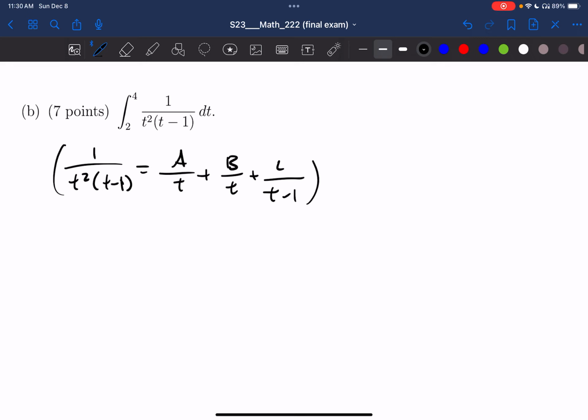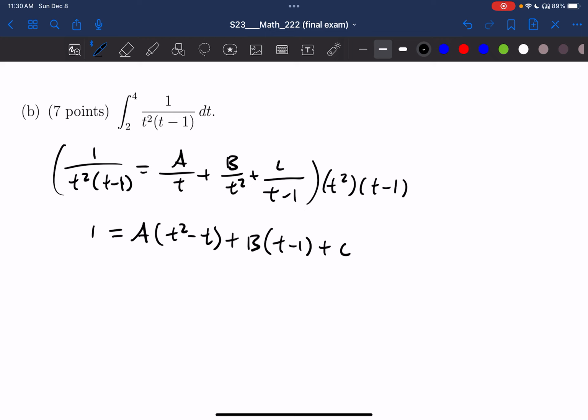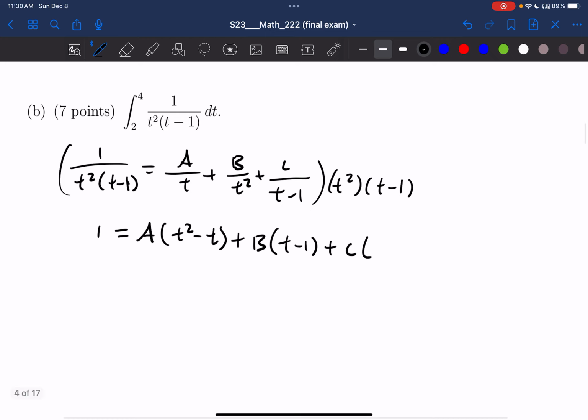If we multiply everything here by t squared times t minus 1, what you're going to get is 1 equals a times t times t minus 1, plus b times t minus 1, plus c times t squared.